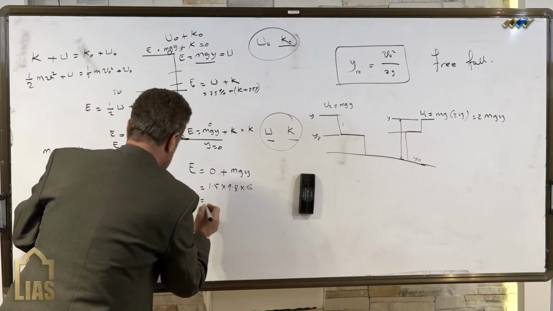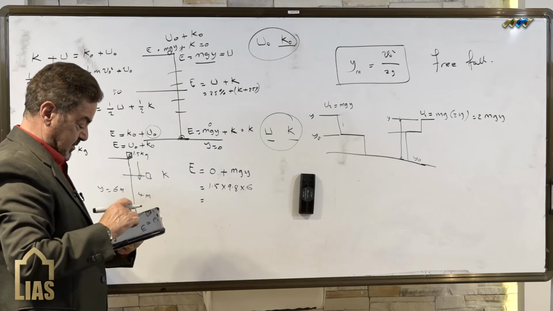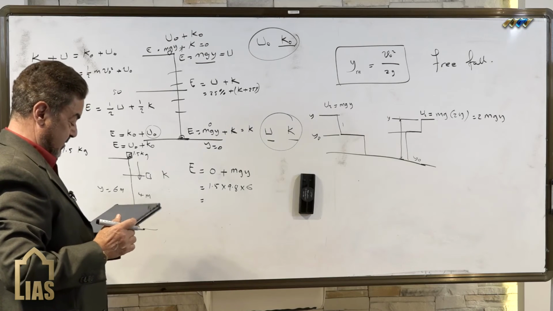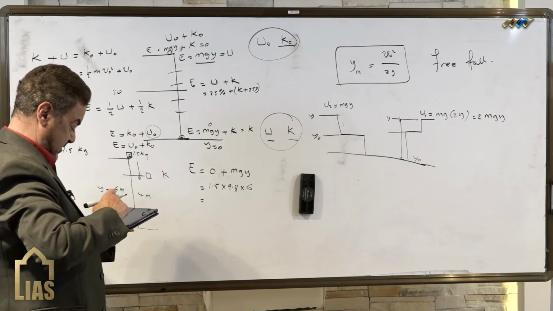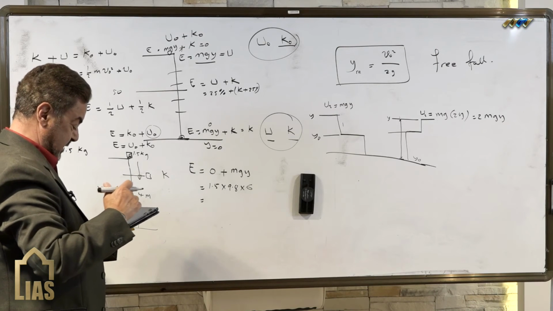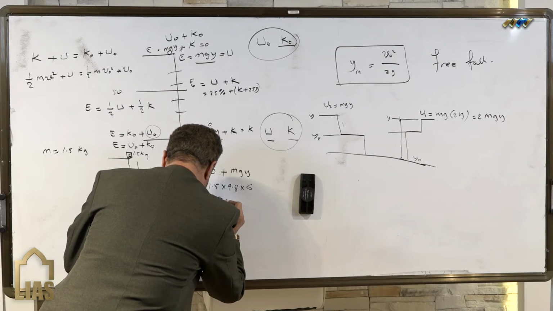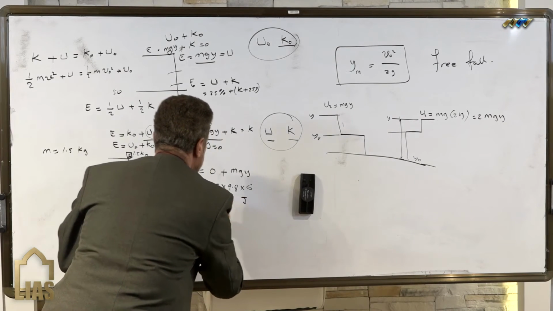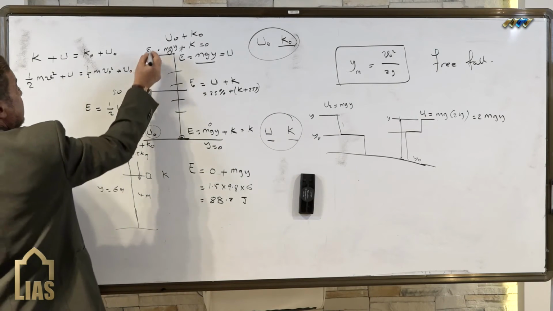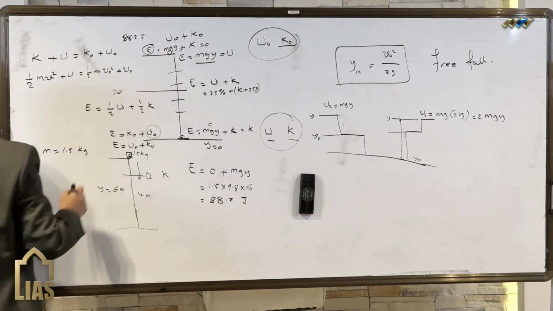Okay, at 6 meters, which is, I don't have the calculator with me, but it's 8.2 joule. And this is the total energy here. The energy at the top here is 8.2 joule. Okay?